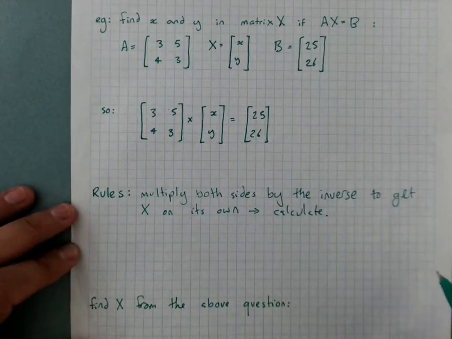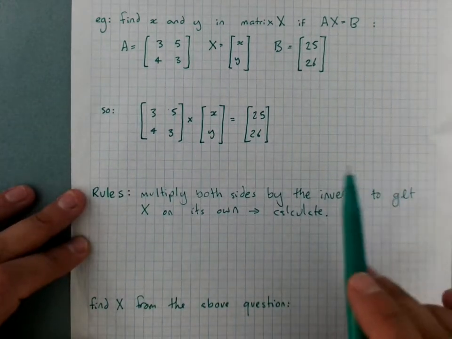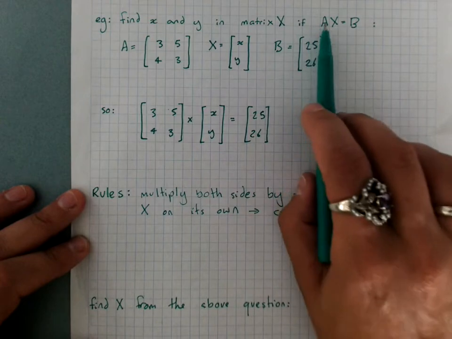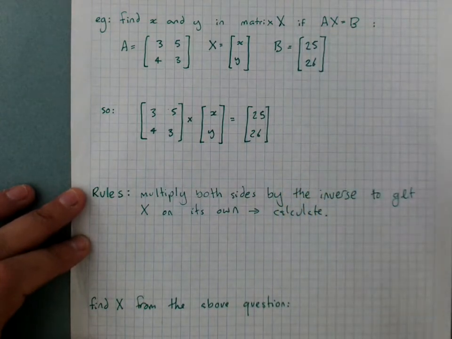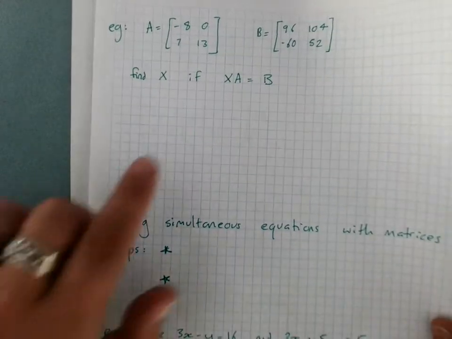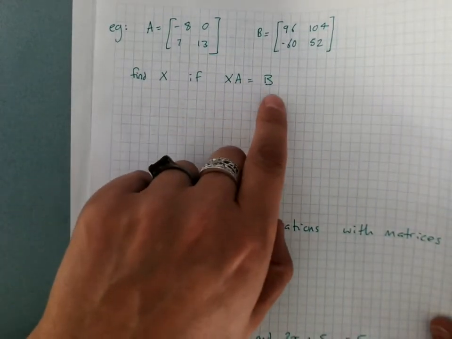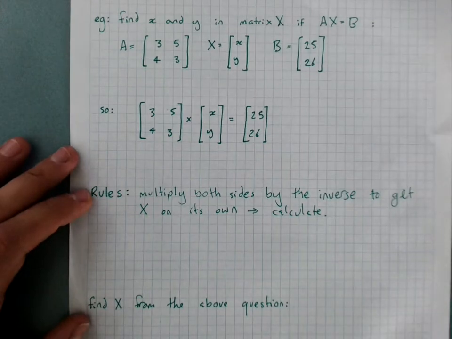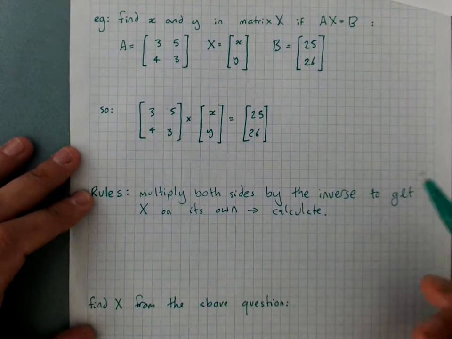Now, there's one thing that's a tiny bit more complicated. Here we've got A times X equals B, but in the next set of problems, we'll have X times A equals B. And we know that order of matrix multiplication matters.